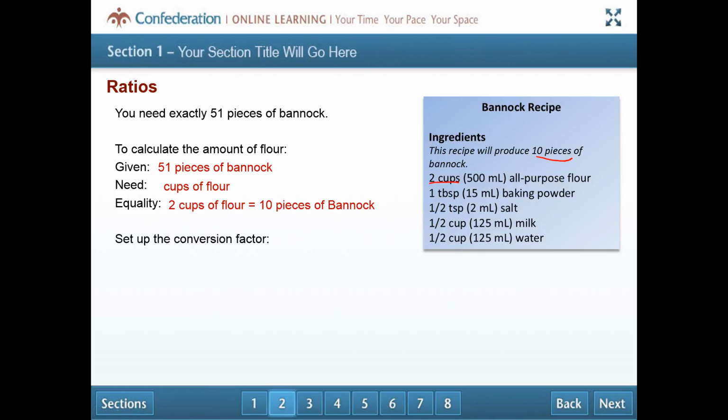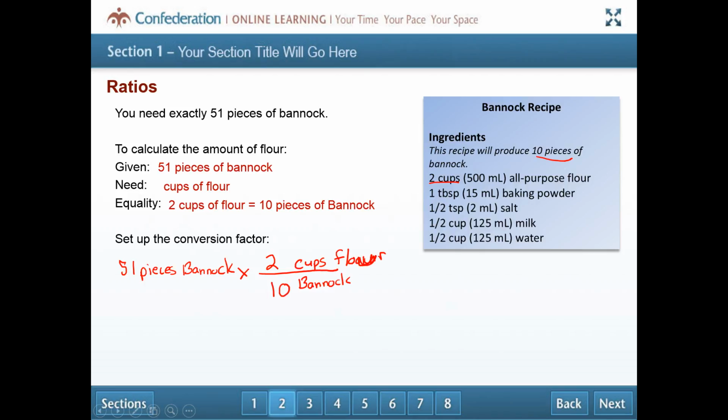So the information I'm given is 51 pieces of Bannock. That's how many I need. And then I want to multiply that by a conversion factor that I take from my equality. So I need Bannock to be on the bottom, the pieces of Bannock, and on the top, I need to have my cups of flour. I take that from my equality: 2 cups of flour is going to give me 10 pieces of Bannock.